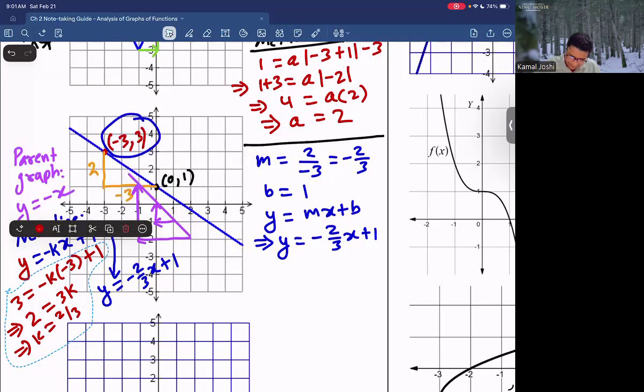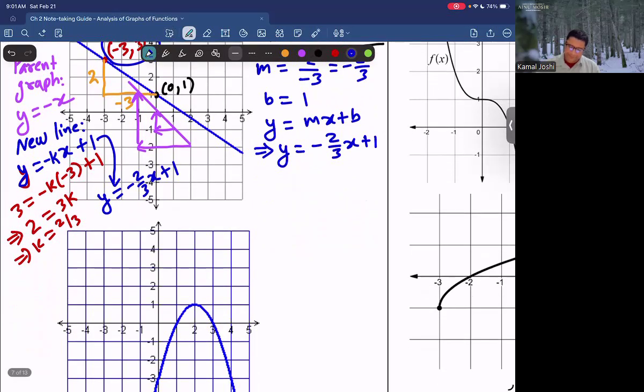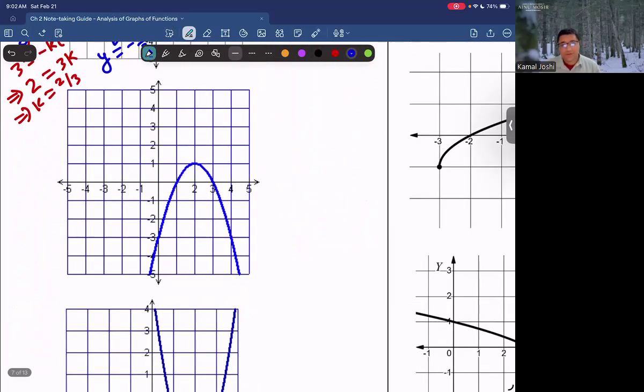Okay. Y equals minus kx plus 1 becomes y equals minus 2 over 3 x plus 1. One more. I would now want you to do it, before I do it.